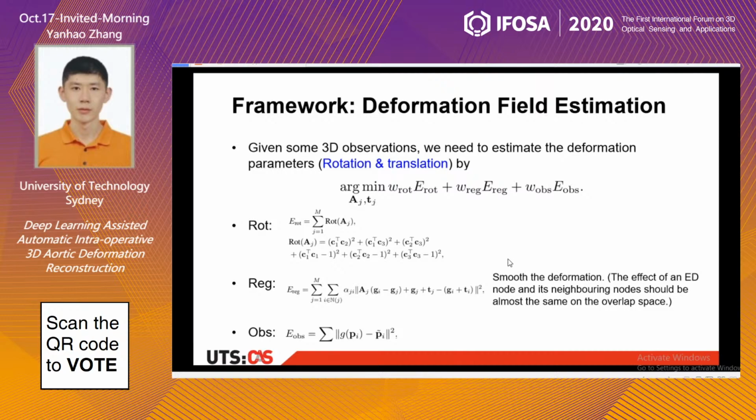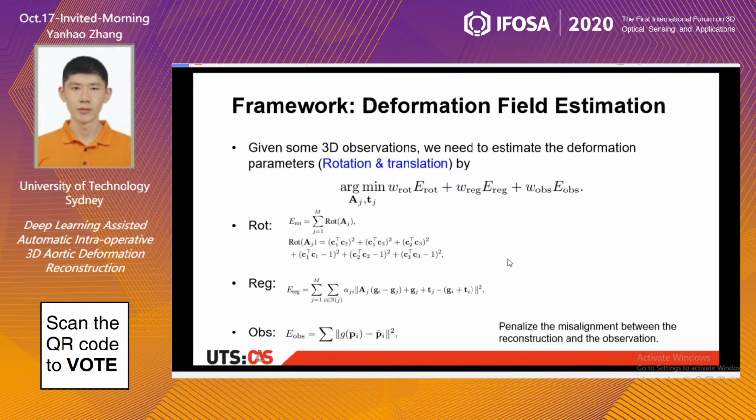It is used to smooth the deformation, which means that the effect of an ED node and its neighboring node should be almost the same at the overlapping place. And the third term is the observation term, because we want the deformation to be as close to our observation. Okay, so this is the original algorithm for the embedded deformation graph.